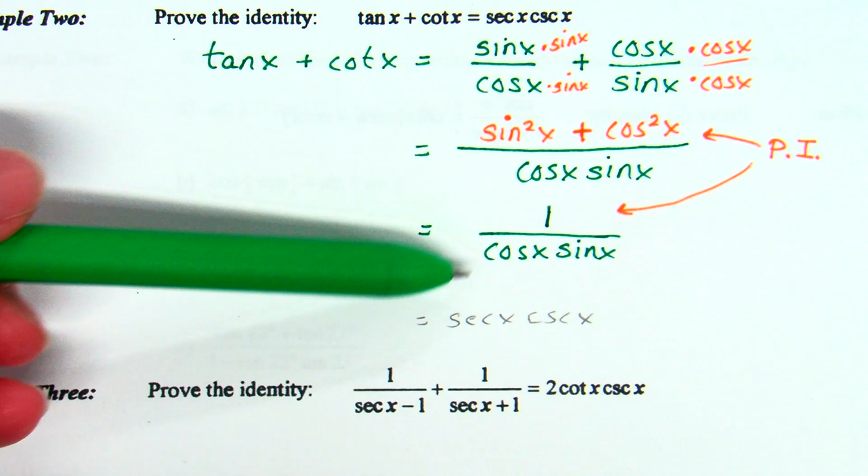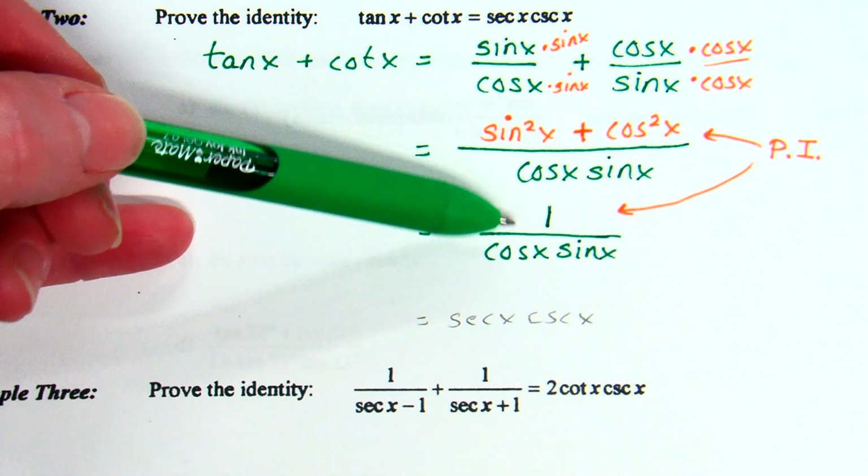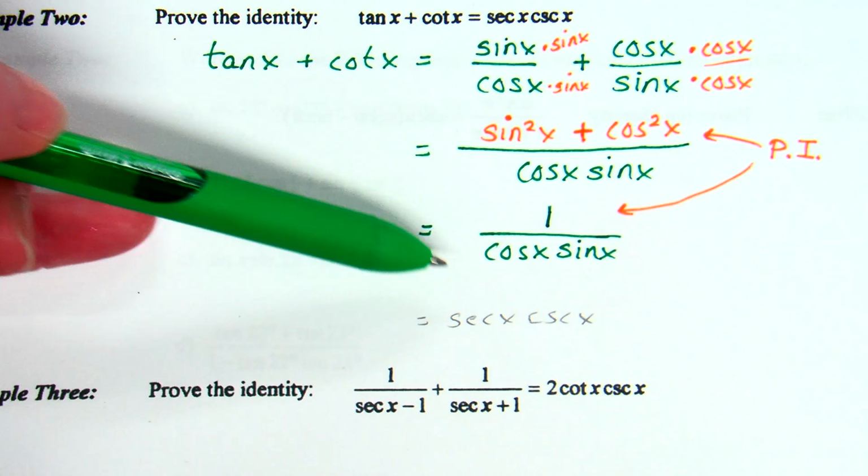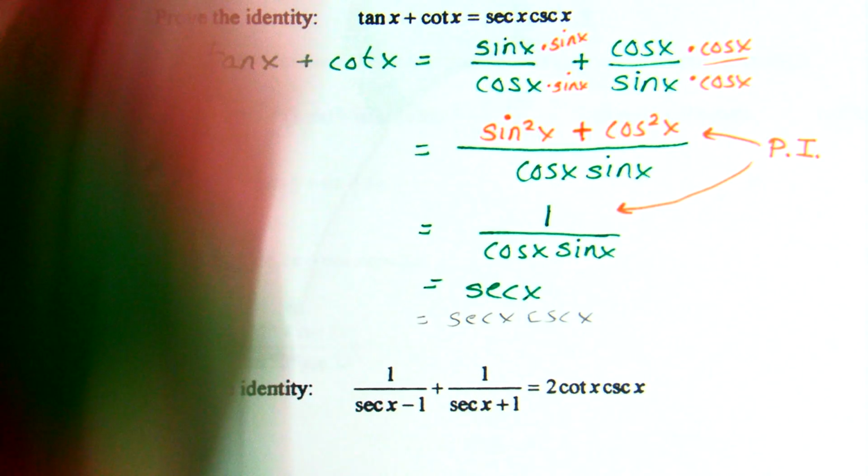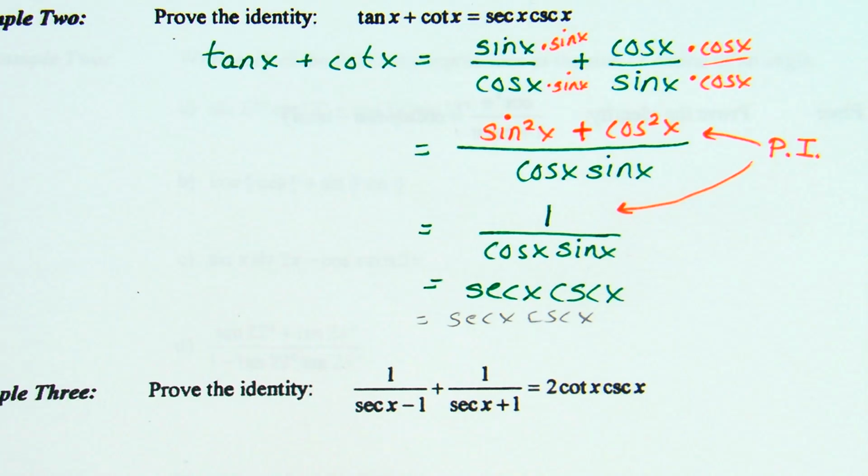I mean, if you want a better visual, you could break this into 1 over cosine x times 1 over sine x. But the idea is when you take cosine x out of the denominator, it becomes secant x. When you take sine x out of the denominator, it becomes cosecant x. And where was I supposed to end up? Right there, secant x, cosecant x.